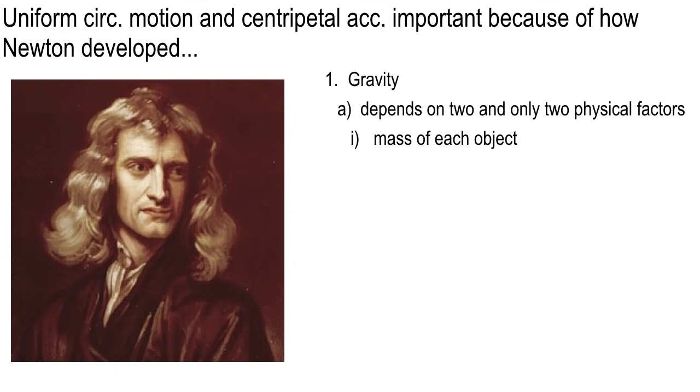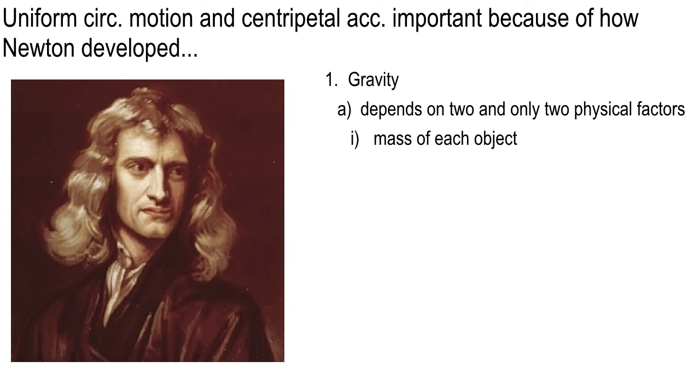He found that the distance from the center of the Earth to the surface of the Earth was 1/60th of the distance from the center of the Earth to the center of the moon.